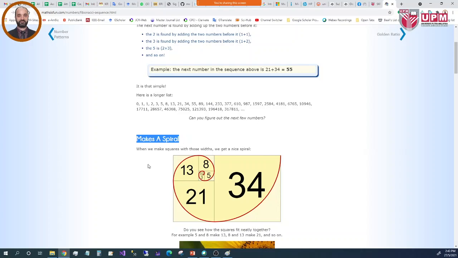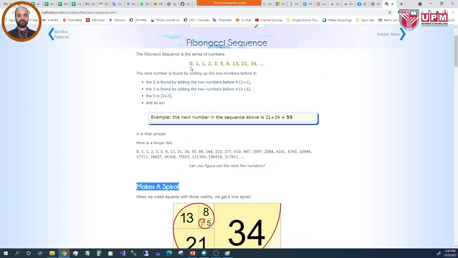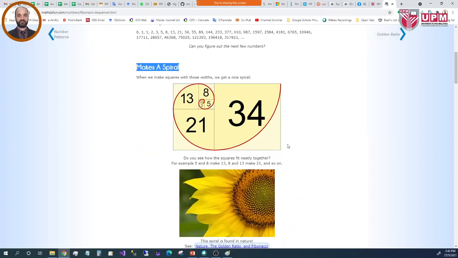If you draw this function, it will show you a line that's similar to a spiral. When we make squares with those widths, we get a nice spiral. Do we see how the squares fit neatly together? For example, 5 and 8 makes 13, 8 and 13 makes 21, and so on.